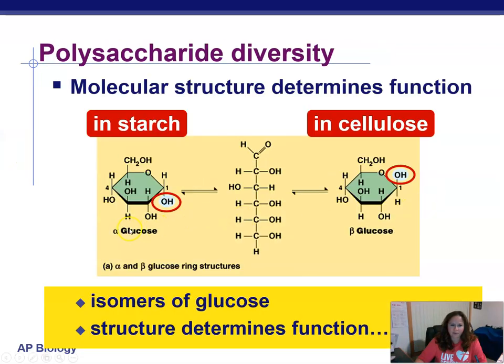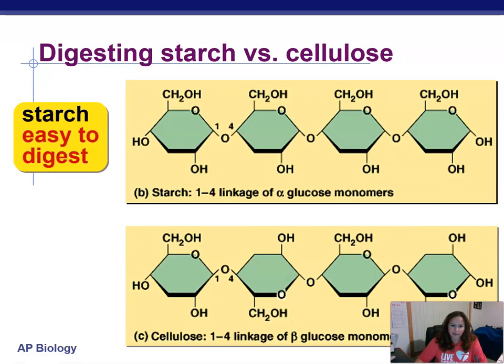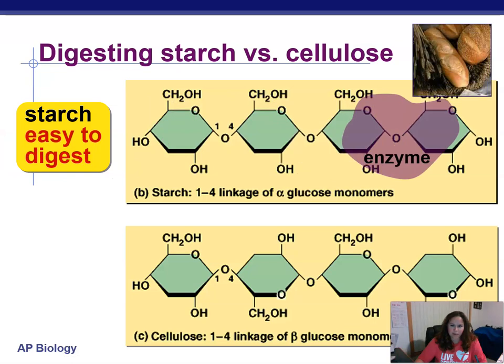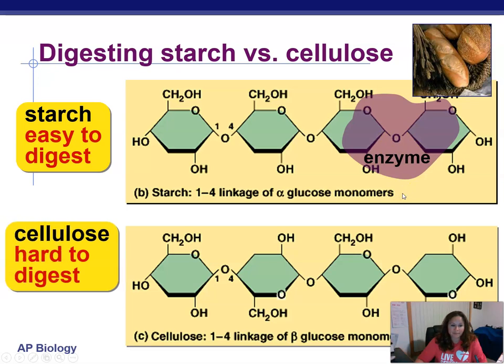All right, the alpha glucose is the one in starch. The beta glucose is the one in cellulose. And this is going to be an indicator of why we can and cannot digest either one of these. So the starch, the enzymes that we have can actually break that down. But, oh, nope, it's not working here for the cellulose. If I do that again, nope.